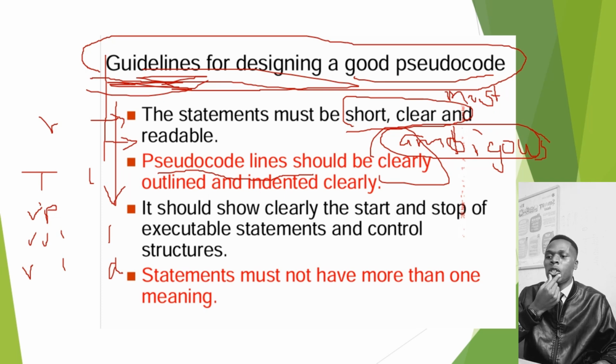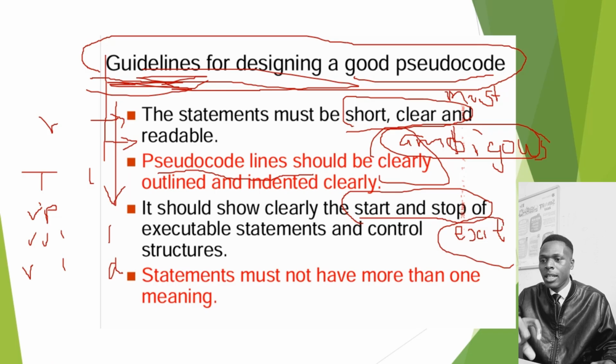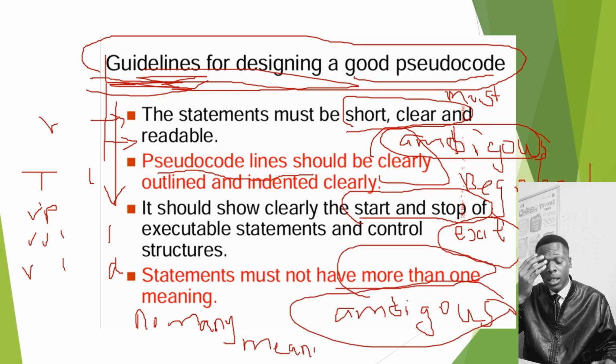It should show clearly and state the start and stop, begin, or whatever terms you will use. And we should have only one exit, begin and end, no matter the term you use, as long as you are indicating the end of that program. Statements must not have more than one meaning.